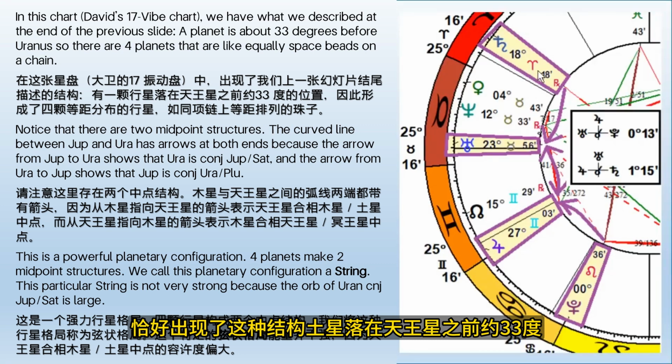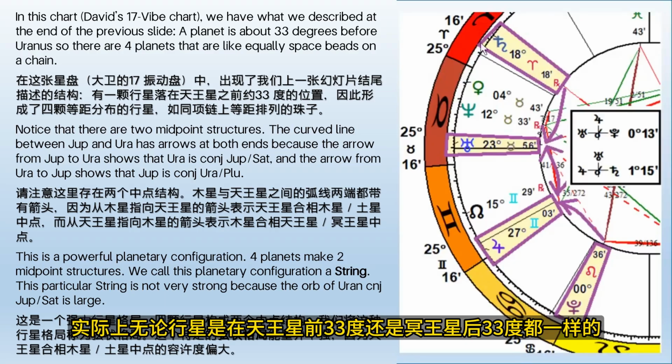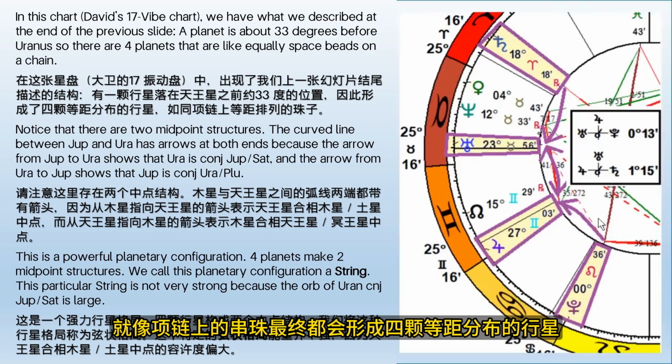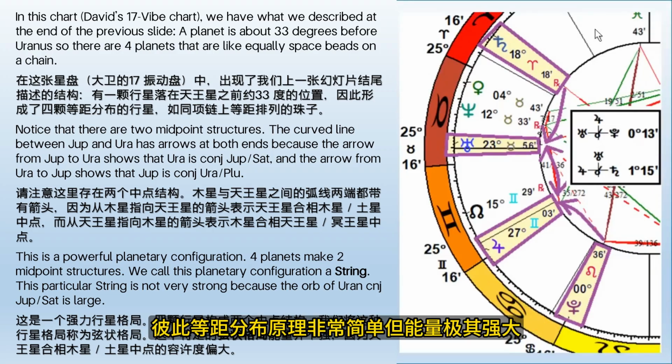Saturn is about 33 degrees before Uranus. It doesn't really matter whether it would be a planet 33 degrees before Uranus or 33 degrees after Pluto. You're going to have 4 planets that are about equally spread from each other. It's like beads on a chain, right? They're equally spread. Very simple idea, and wow, is this powerful.